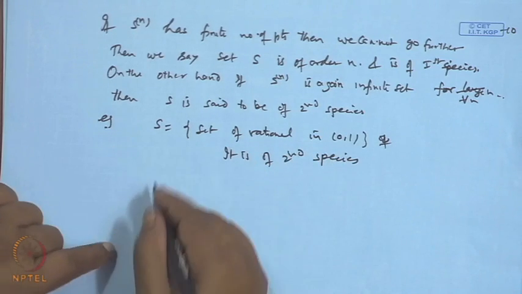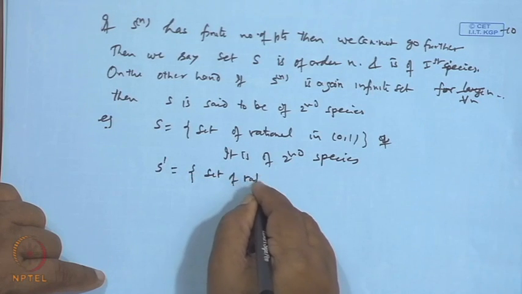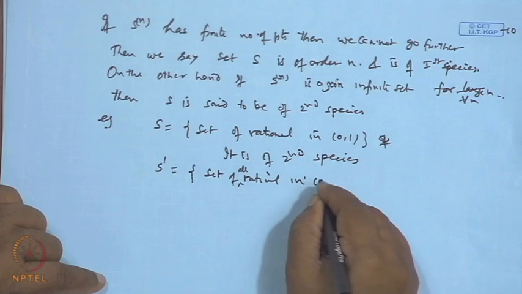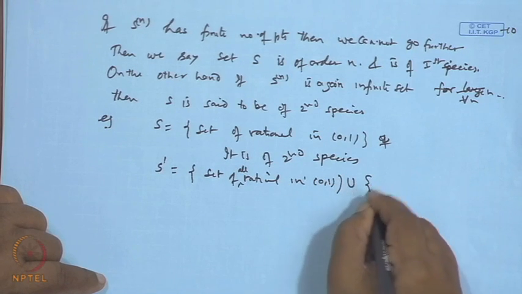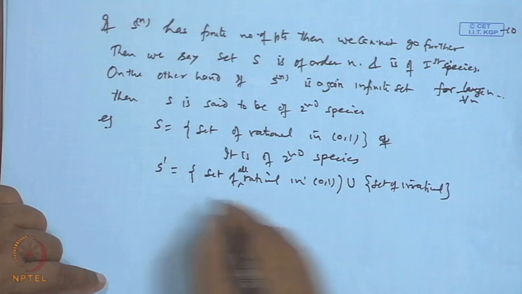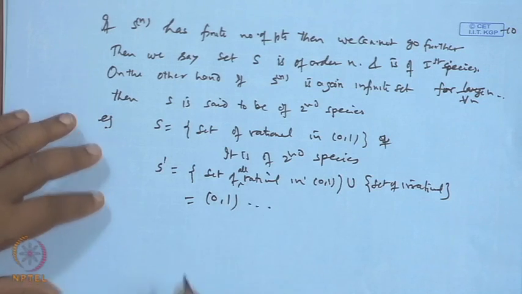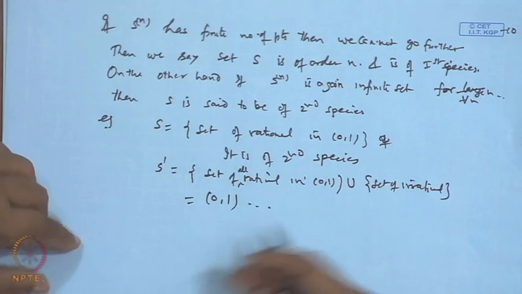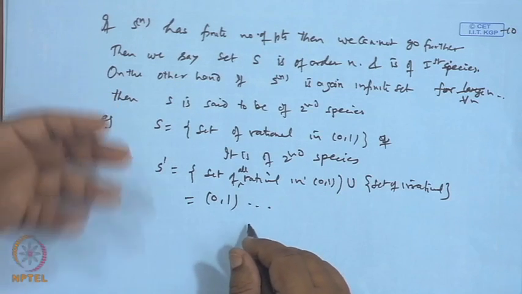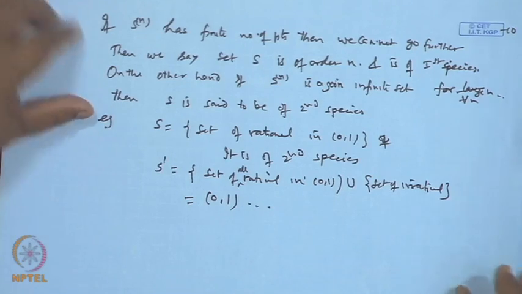Because the set of limit points of this is all rationals in the interval 0 1, and the irrationals will also be limit points of this, so basically it is the interval 0 1 itself. Continuing this, every time the derived set comes out to be the set itself, so it is not possible to get to a finite stage. So, it is of second category.